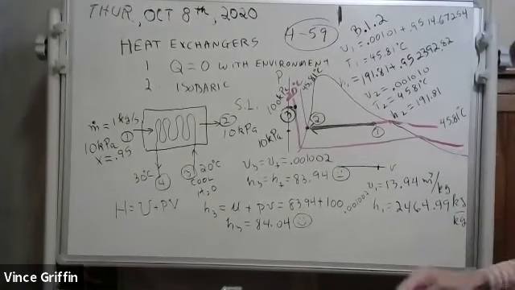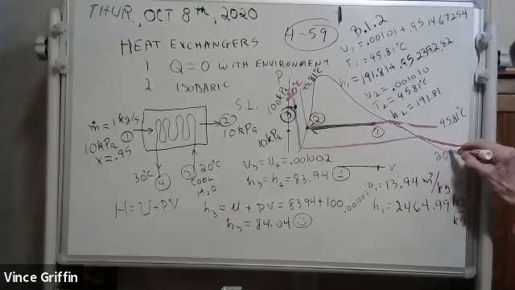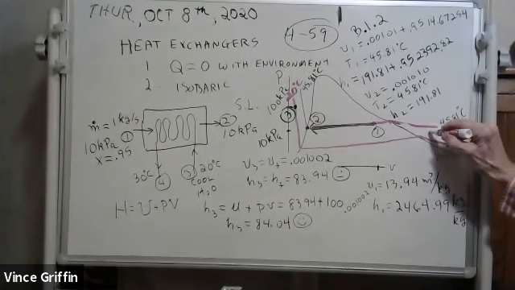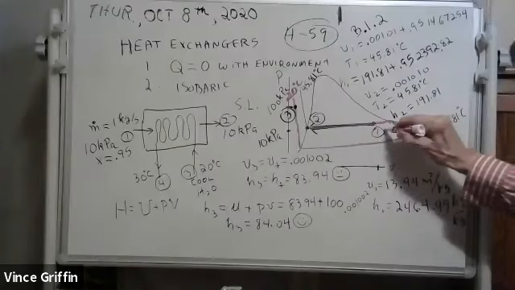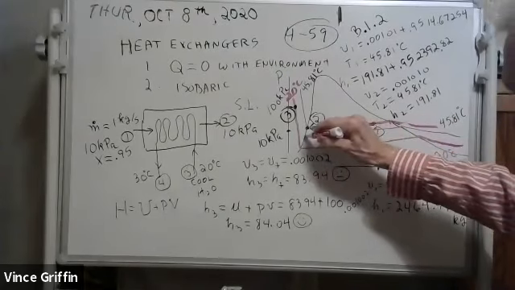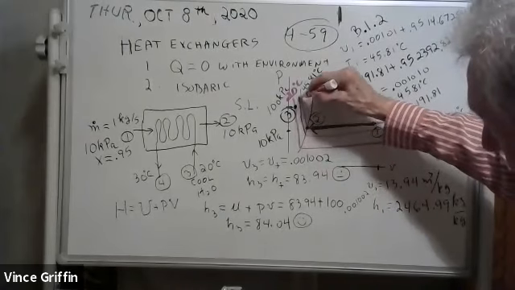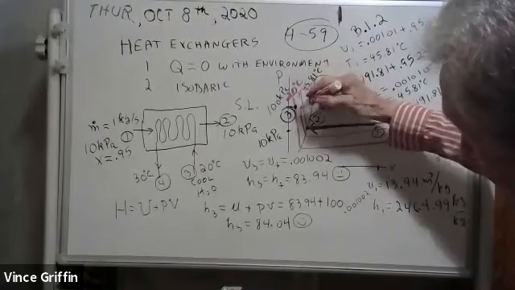Here goes. See, this was the 20-degree isotherm. Now here comes the 30-degree isotherm. It's not supposed to close in on the other one.